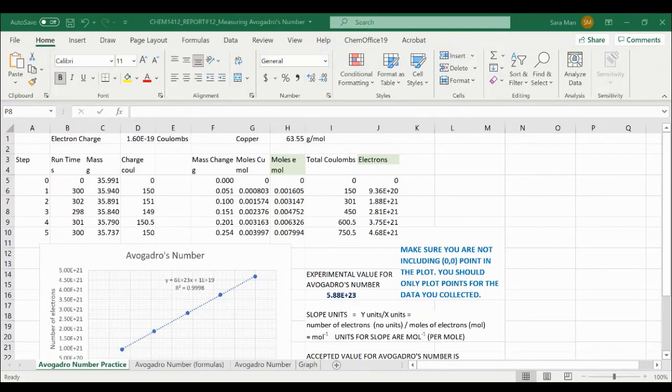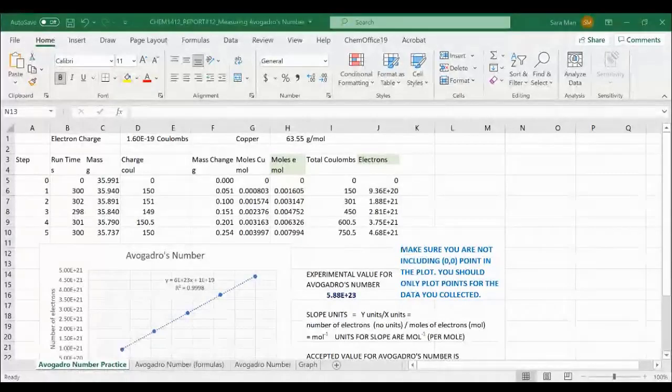Looks like not for some reason. Let me try one more time. Okay, now we are sharing. Very good. So you can see my Excel sheet.